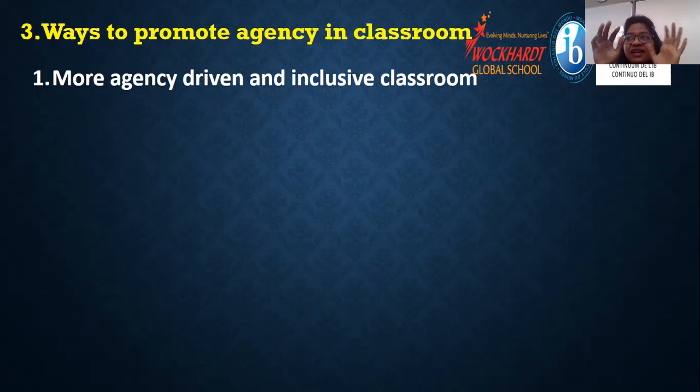I have always seen her room looking messed up, but it is what the students need. There are multiple colors of paper and all this, and of course she has identified the needs of those students and their personal interests. So planning on the basis of your students' interests, strengths and weaknesses is what makes an inclusive classroom, and an agentic classroom also looks like that. As I said, there is a very thin line between an agency-driven classroom and inclusion, but they are different.